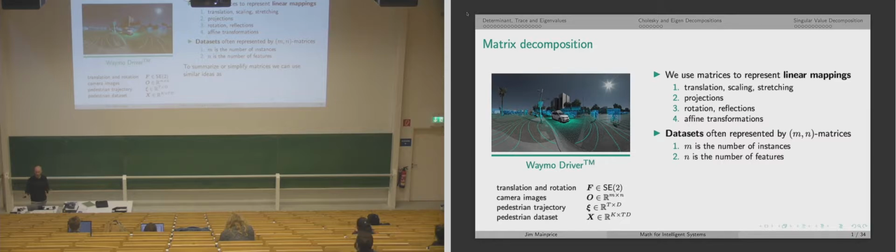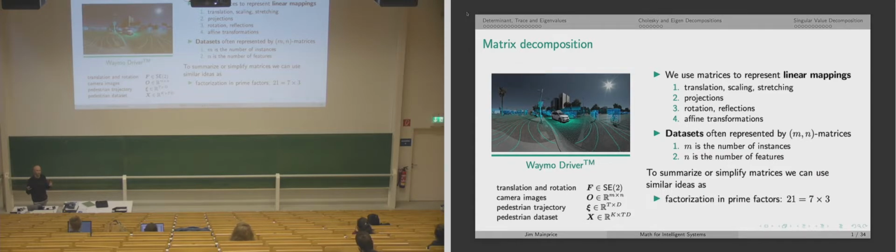Anyway, to summarize or simplify matrices, we can use similar ideas as factorizing numbers. If I have 21, I can get the factorized version of 21, which is 7 times 3, and I have my two prime numbers here that represent 21.